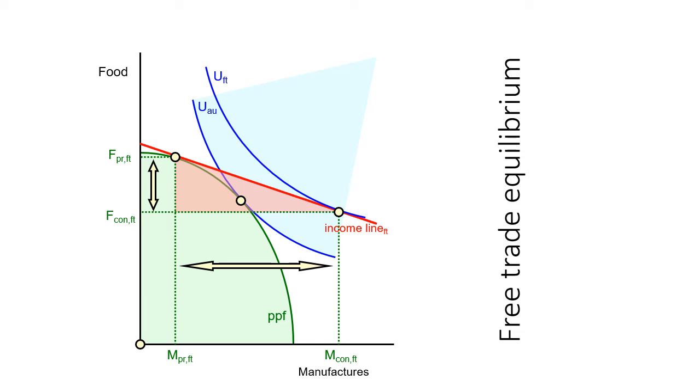So let's look at it in terms of the food. At the point of consumption, the amount of food that we're consuming is less than the amount of food that we are producing in our country.